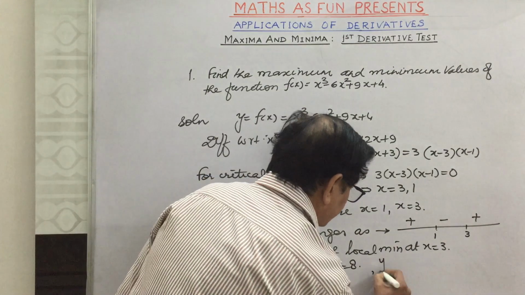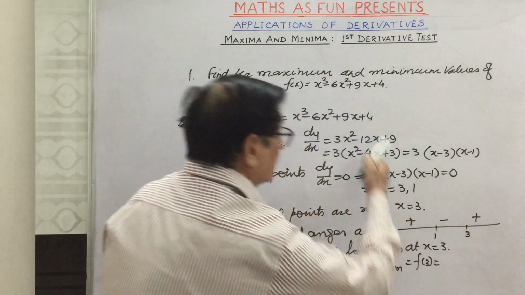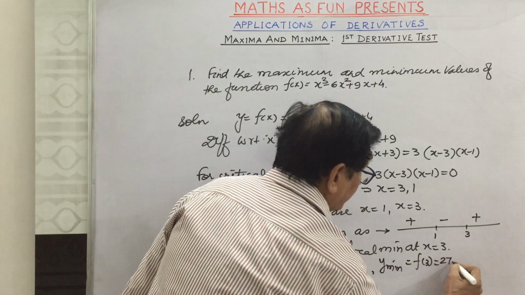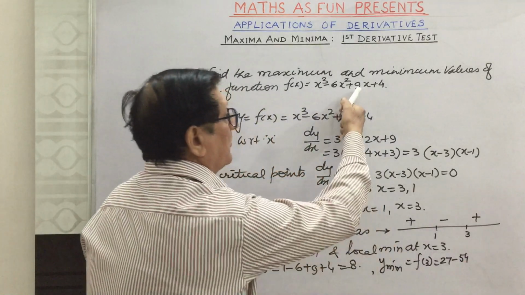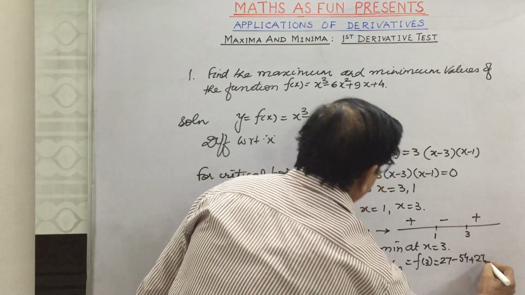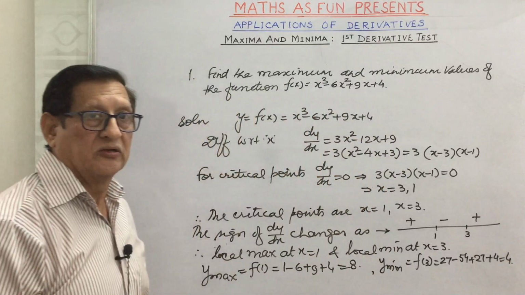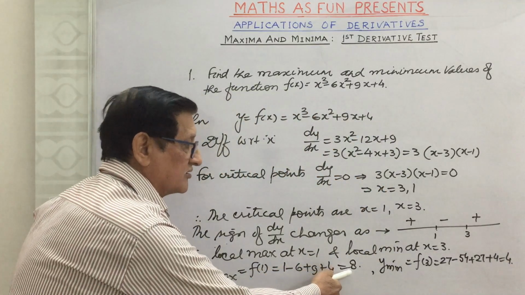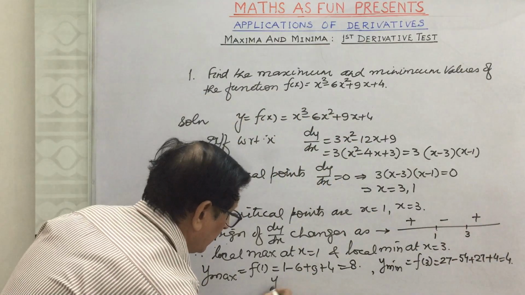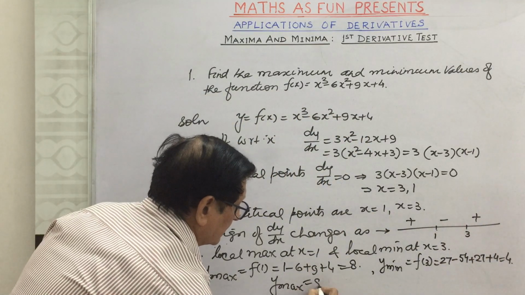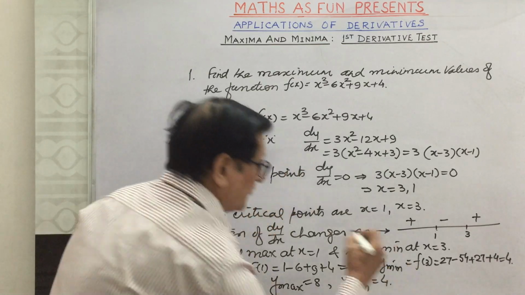And y minimum is f(3). f(3) here comes as 27 minus 54 plus 27 plus 4, which comes equal to 4. So we have got the maximum value of y is 8 and minimum value is 4. So we can write here y maximum is equal to 8 and y minimum is equal to 4.